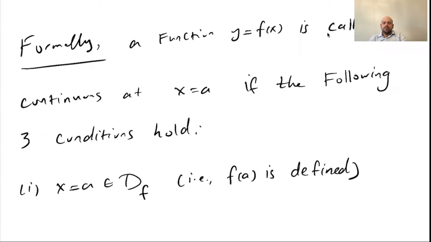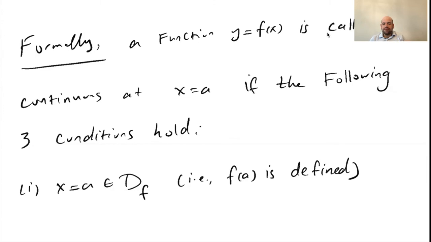Okay. So this is as opposed to the condition we had for the limit. For the limit of a function, when we talked about the concept of limit of a function at a point, we specifically mentioned that the point does not have to be in the domain of the function.